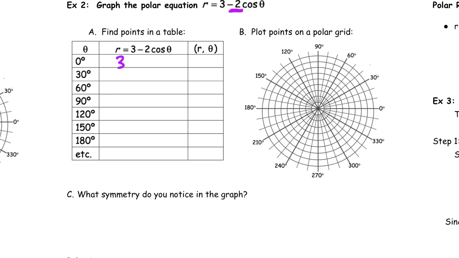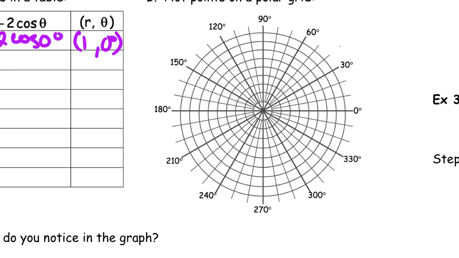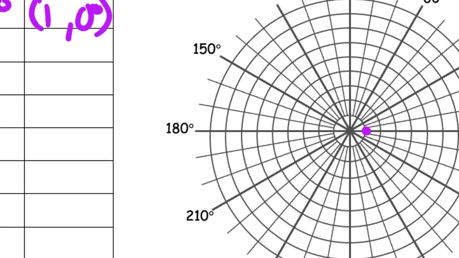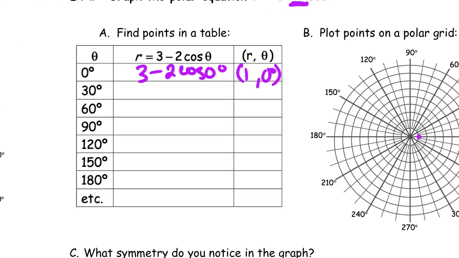Look at the first one, 3 minus 2 cosine 0 degrees. What's that going to be? Everybody agree? So this is my dimple. That one's not going to have any symmetry for me. If I go down to 180, what's 180 going to give me?